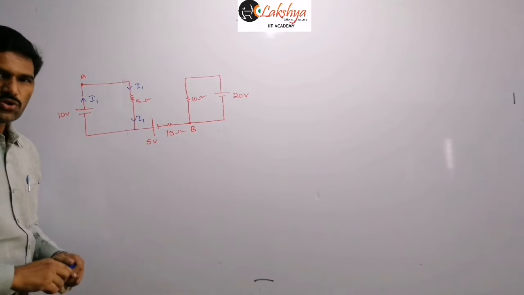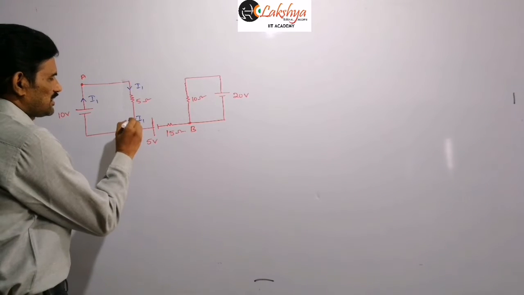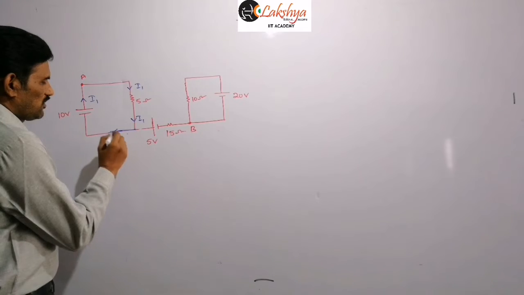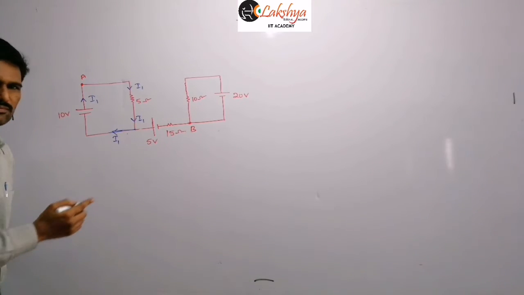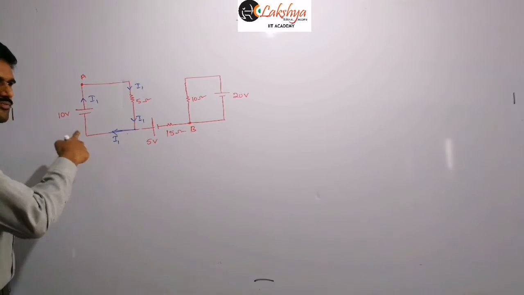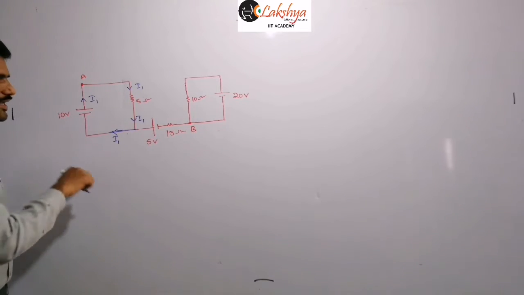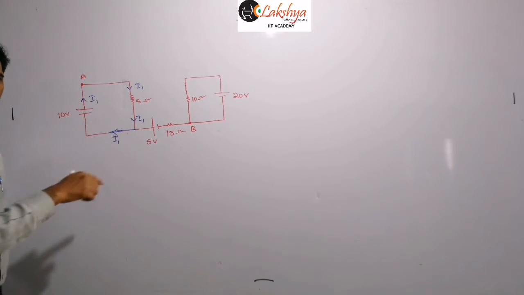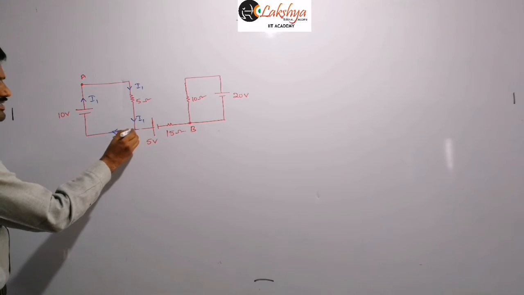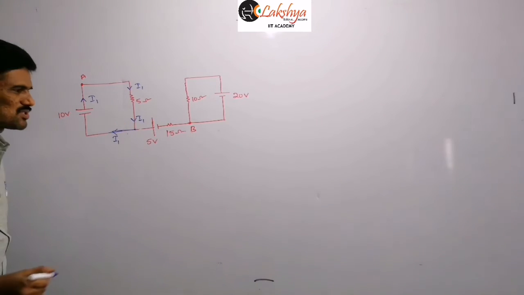Division is not possible. So the current I1 coming here, the same amount of current I1 will flow along this direction. Got it? If it divides, then conservation of charge fails, because the same amount of charge is not entering the negative terminal. So division of current is not possible at this junction.